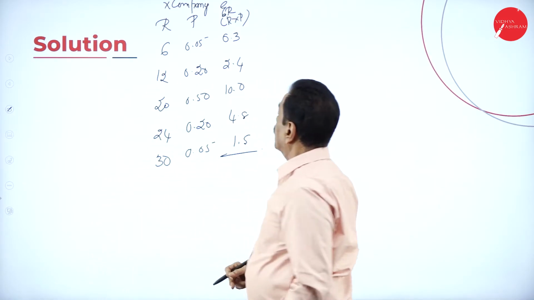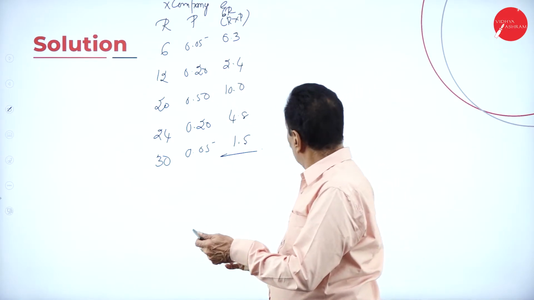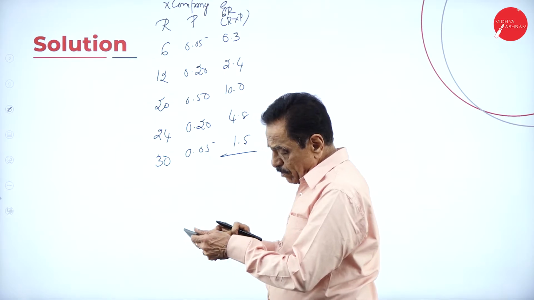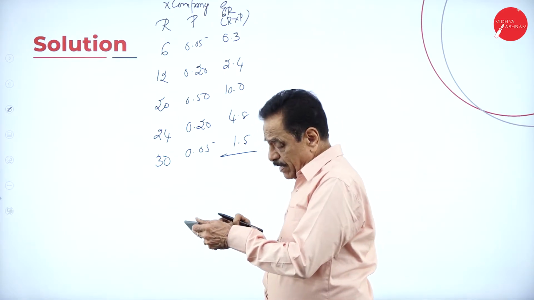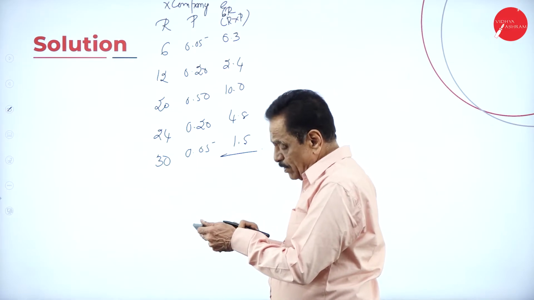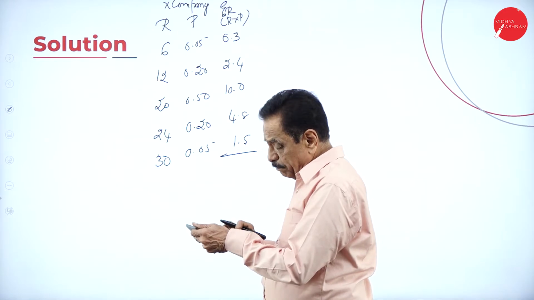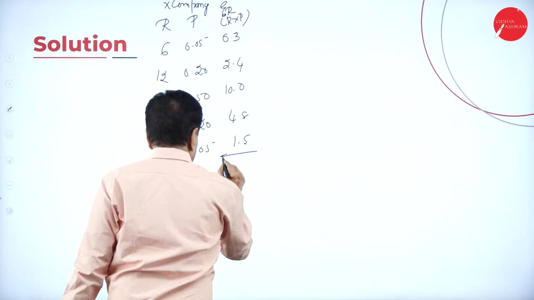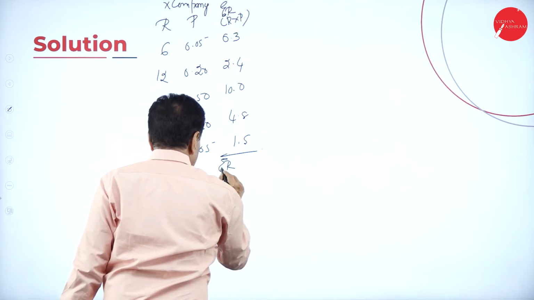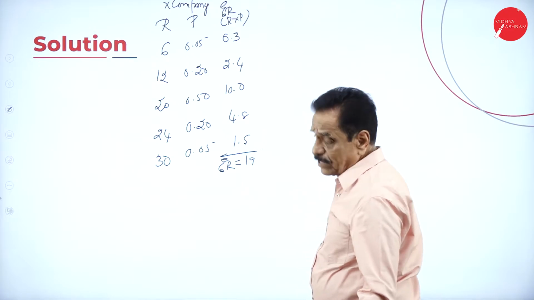Add the figures: 1.5 plus 4.8 plus 10 plus 2.4 plus 0.3 is 19. Expected return is equal to 19. Then, what is the next step?